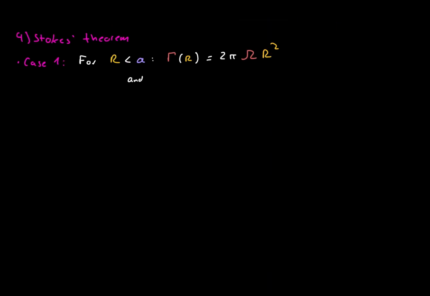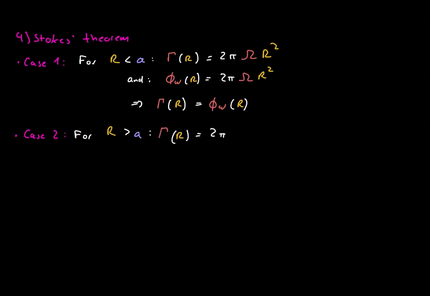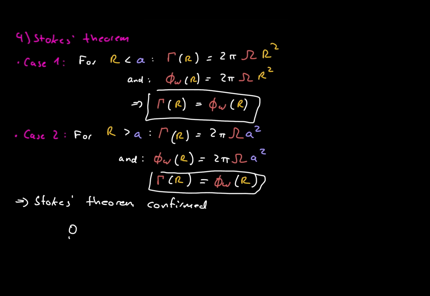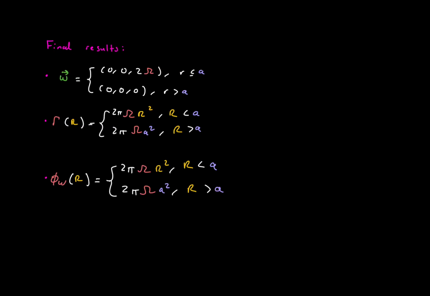Comparing the results, we see that the circulation around the contour is always equal to the vorticity flux through the enclosed area. This confirms Stokes' theorem. The circulation around a closed curve equals the flux of vorticity through the surface bounded by that curve.